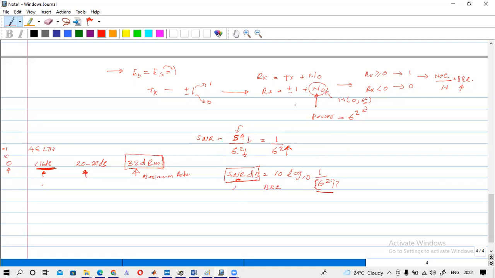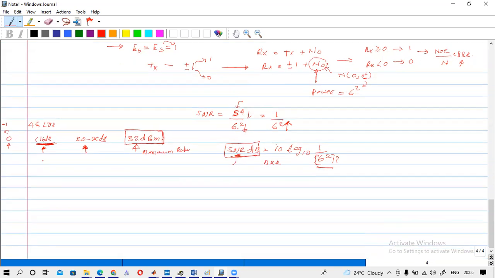That is the thing you should understand. Analyzing this result, you can conclude that when we change the SNR dB value, it changes sigma square, that is the noise power, and it will change the bit error rate.